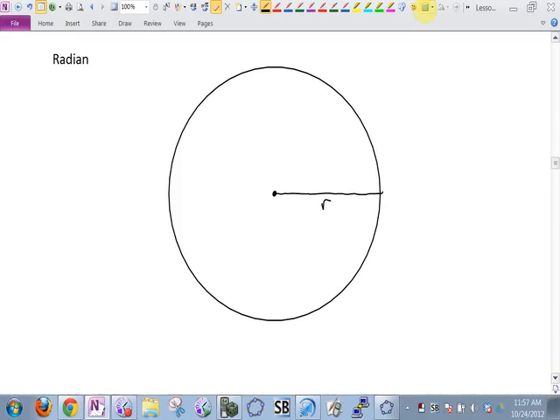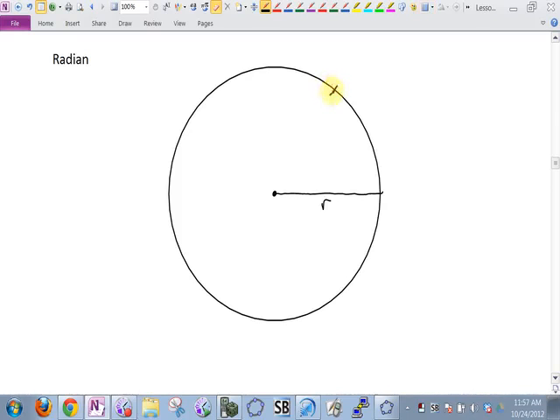If I then travel the same distance as the radius around the outside of the circle, so if we go around here, and then let's mark that. Let me match it on the computer here.